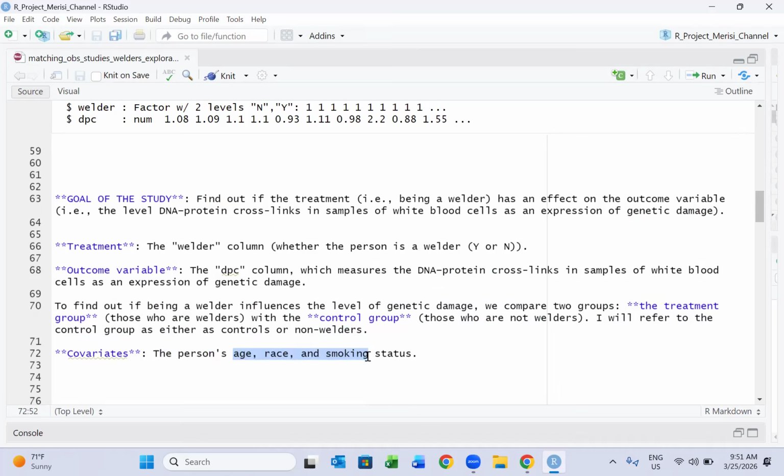Okay, all right. Now, how are we going to accomplish this goal? Find out if the treatment has an effect on the outcome. Well, guess what, guys? The gold standard, if you will, the best method that we have to find out if a treatment affects an outcome are randomized experiments, or randomized control trials.